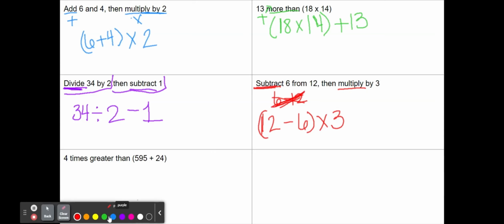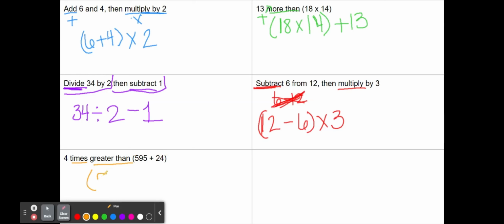Now let's do this last problem. In this last problem, we have the words times greater than. So it's 4 times greater than 595 plus 24.